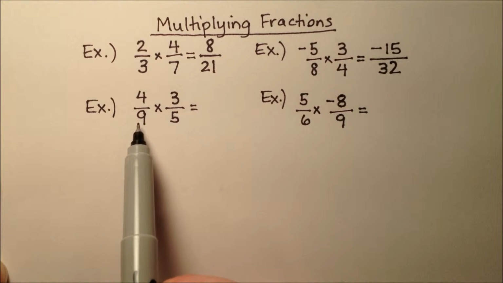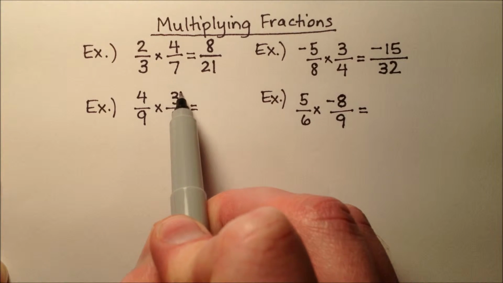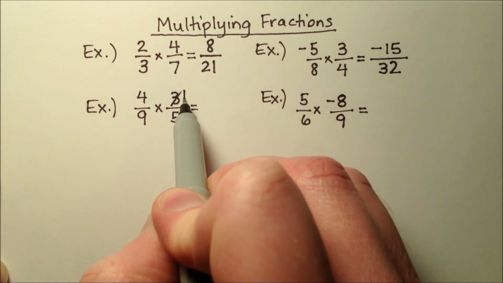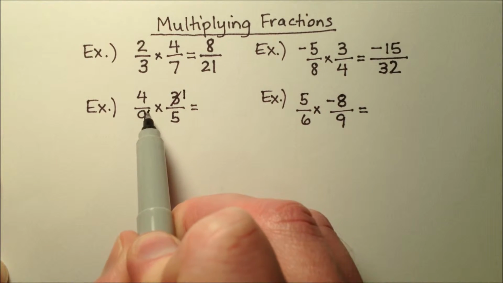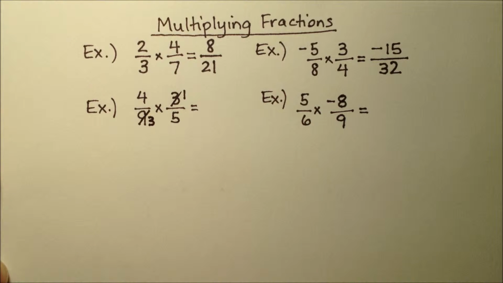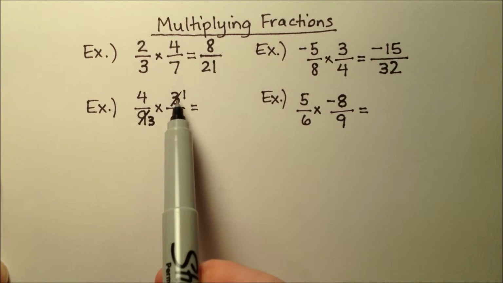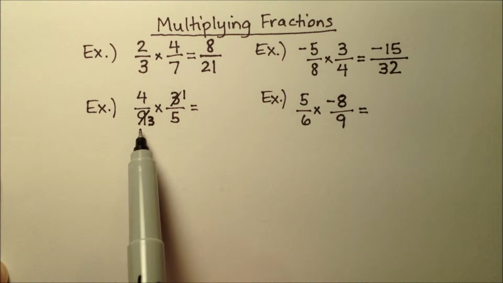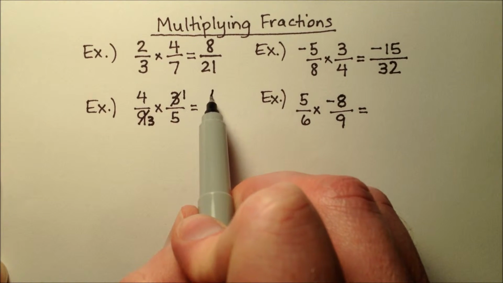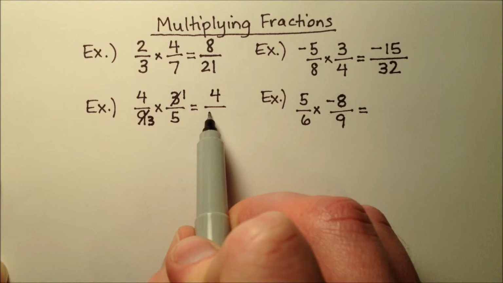So a 3 on top and a 3 from the bottom can cancel out. I'm going to take a 3 divided by 3, you're left with 1, and a 9 divided by 3, and you're left with 3. So I've canceled out a 3 from the top and a 3 from the bottom. Now when I multiply across, I get 4 over 15.